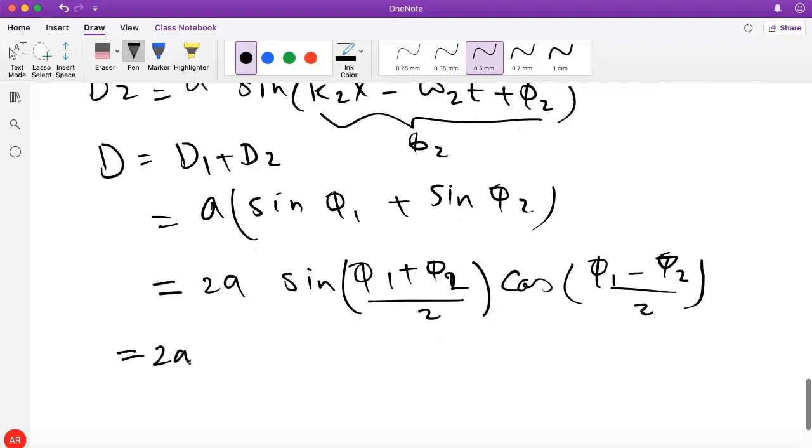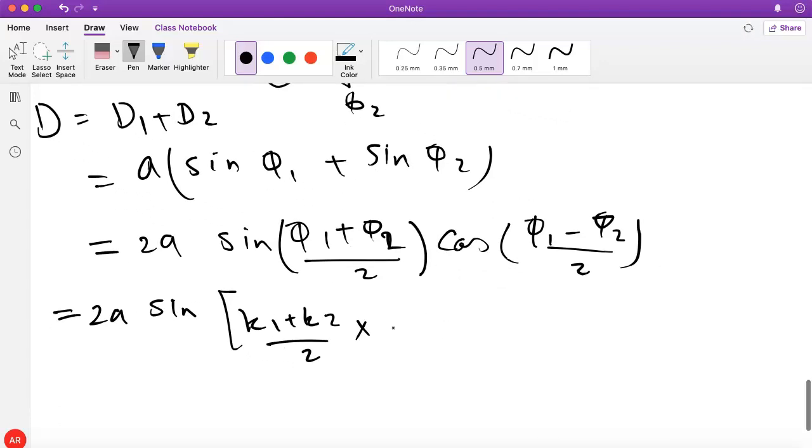So this is 2a times sine of (k1 plus k2)/2 times x, minus (omega 1 plus omega 2)/2 times t, plus (phi 1 naught plus phi 2 naught)/2.